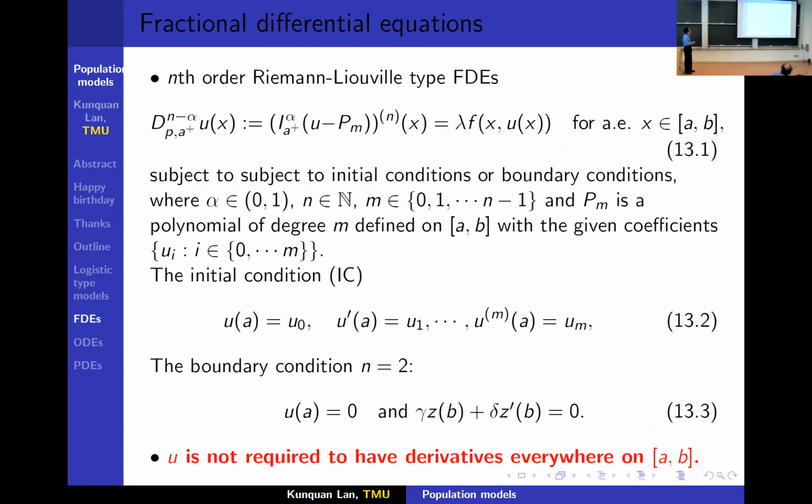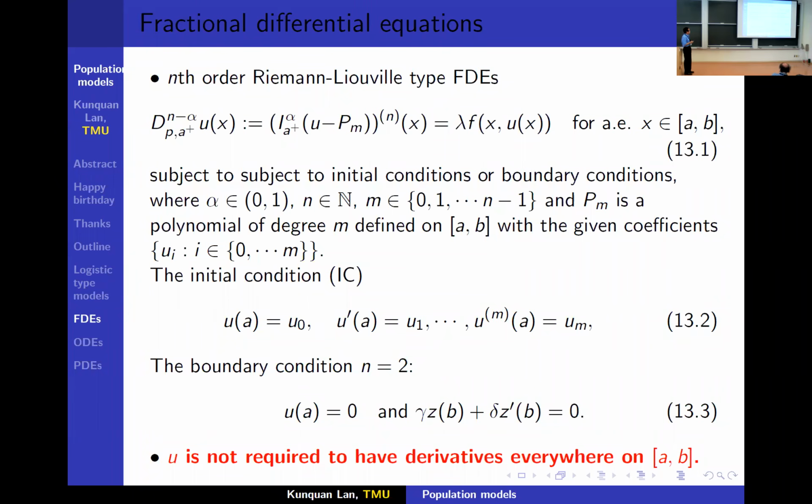Okay, I don't think I can finish everything. This is a first order case I want to mention, and there is actually a new one. Although so many people work on this, it is similar to a first order differential equation if you take n equals 1, with this boundary condition.